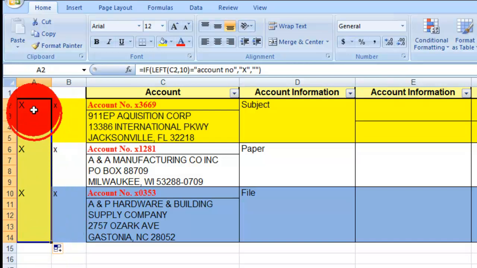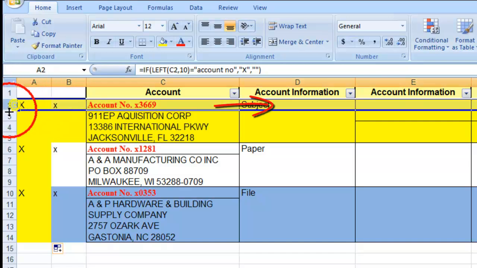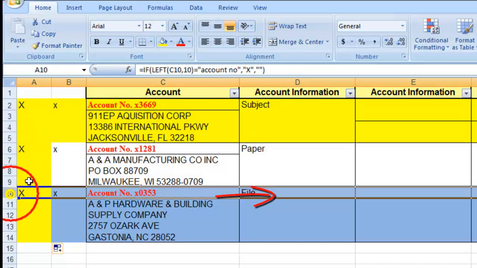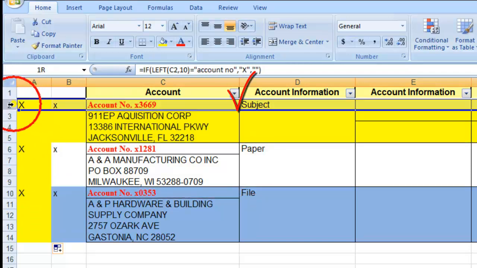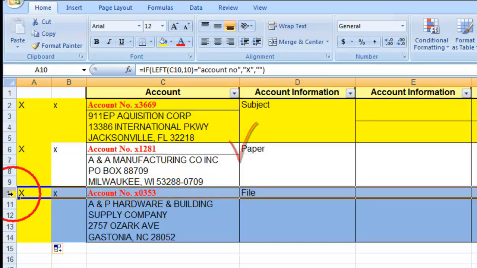As you can see, column A is now marked X when an account starts. It's marking X in row 2, row 6, as well as row 10. Row 2 is when account number 1 starts, row 6 is when account number 2 starts, and row 10 is when account number 3 starts.